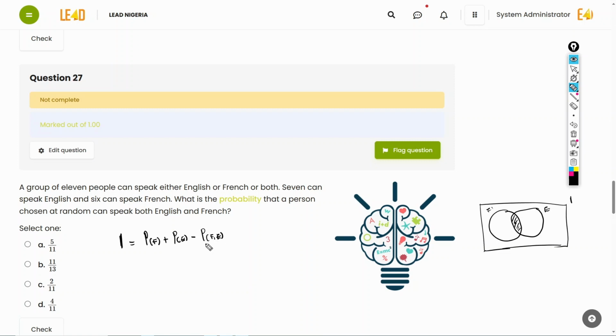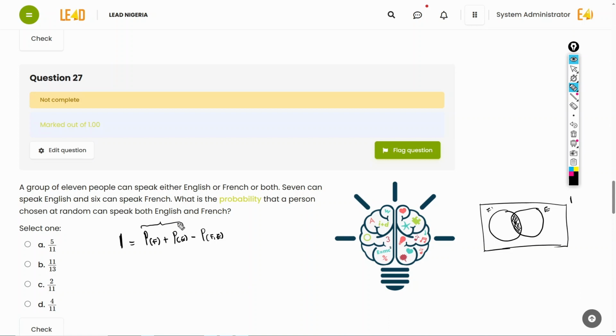And you can think about it this way. This particular portion I have shaded, right, which is the intersection of both of them, those people actually occur both in French and in English. So that means that in adding just these two, you have added that part twice. So to get the actual total, you need to subtract it once. All right, because inside French, that portion is there.